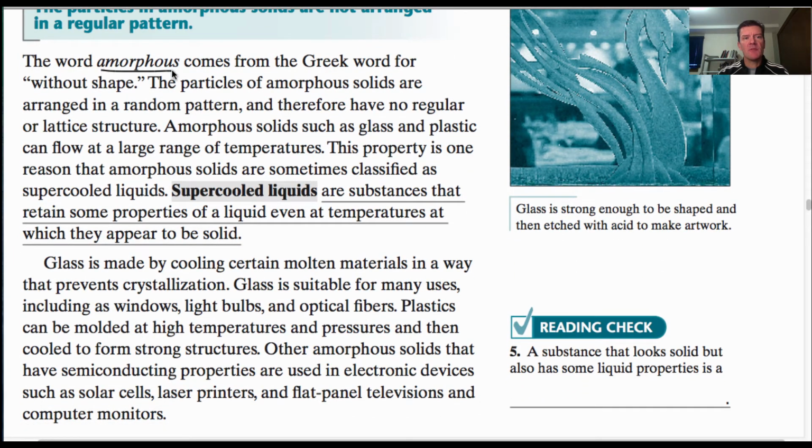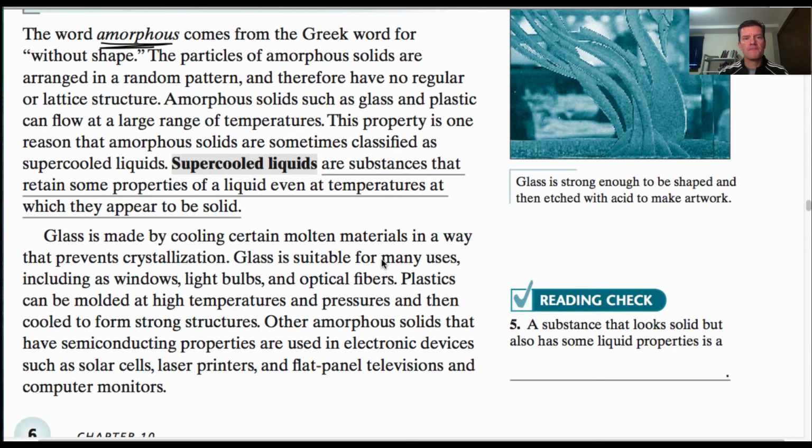I already talked about amorphous, meaning that it is basically a solid that is just a random arrangement of particles. They're not in a set pattern. All right? This is just talking about the idea that we also sometimes call amorphous solids supercooled liquids.